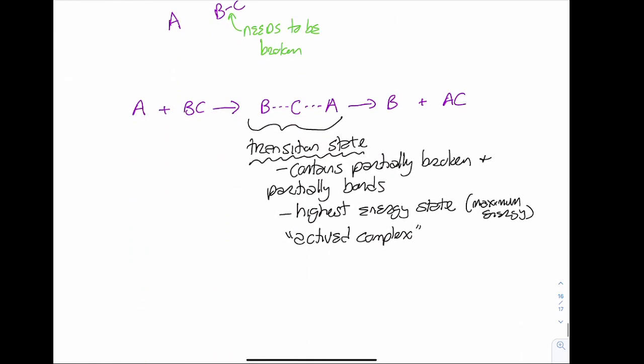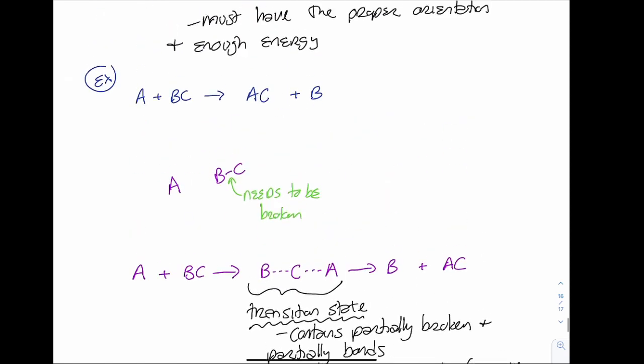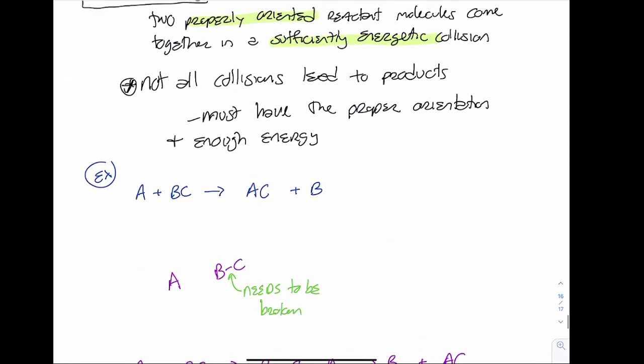That transition state is our state where our bonds are partially formed and broken. It is our maximum energy state. It has the most energy that you're going to see in the course of this reaction. Those collisions that do lead to products are called effective collisions. And I'm just going to write it up here, effective collisions.